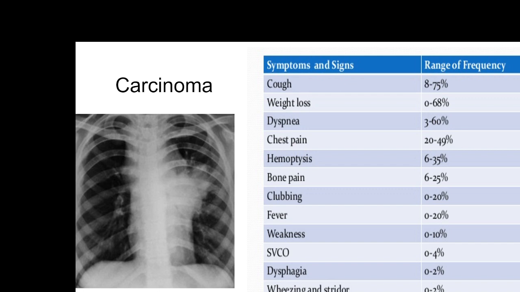The common clinical symptoms which could be seen are cough, weight loss in 0 to 68%, dyspnea 3 to 60%, chest pain 20 to 49%, hemoptysis 6 to 35%, bone pain 6 to 25%, clubbing 0 to 20%, fever 0 to 20%, weakness 0 to 10%, superior vena cava obstruction 0 to 4%, dysphagia 0 to 2%, wheezing and stridor 0 to 2%. This is based upon Harrison's Principles of Internal Medicine. I have just copied it.